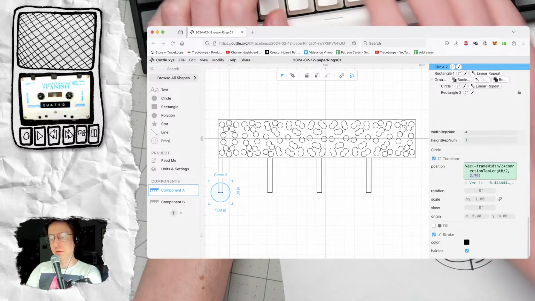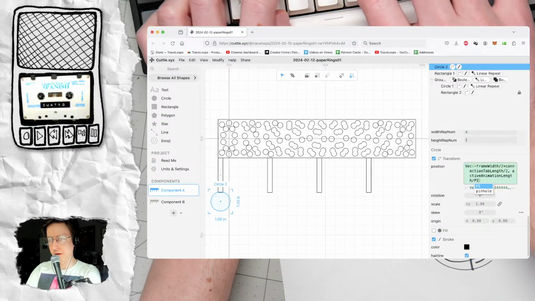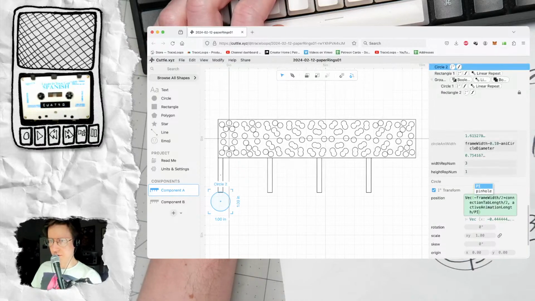Active animation length. Animation length divided by pi. Okay, something's up with this. Divided by 2.